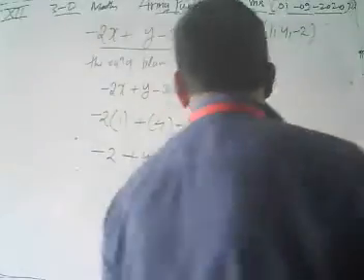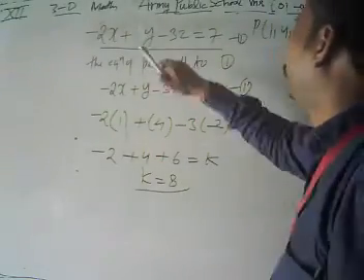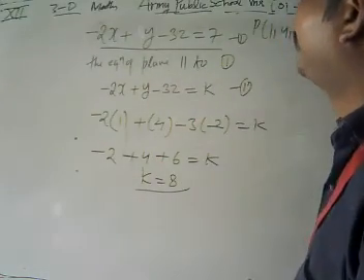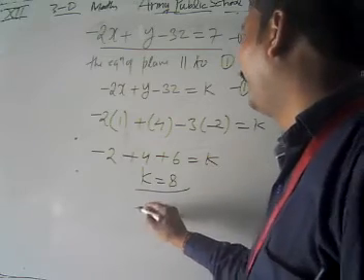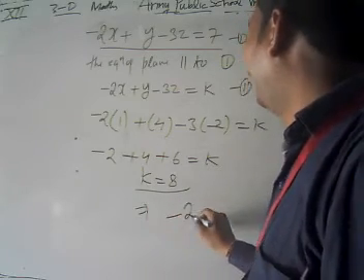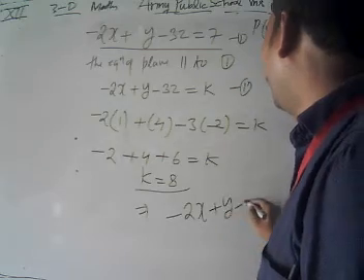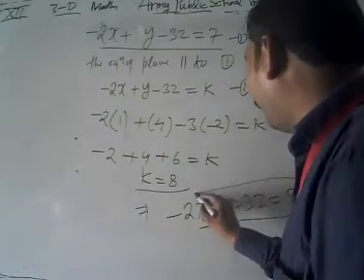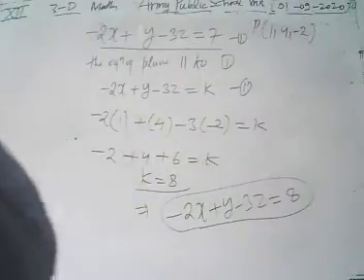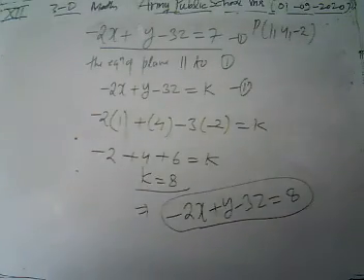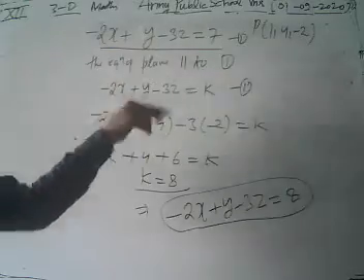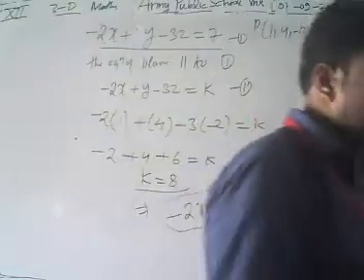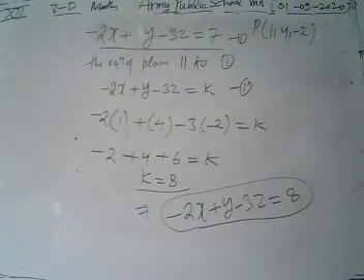Then what is our equation of the plane parallel to the plane -2x + y - 3z = 7? It is given by -2x + y - 3z = 8. This is our equation of the plane which is parallel to the plane -2x + y - 3z = 7.